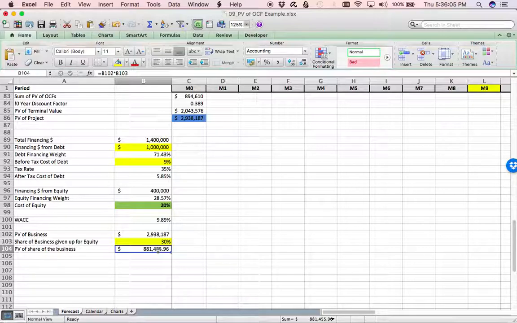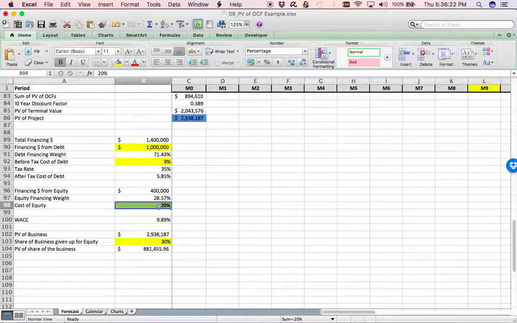I don't know about you, but that doesn't sound like a great deal to me. It will be what it will be, obviously, but we don't know whether it's really $880,000 because we don't really know what the right cost of equity is.